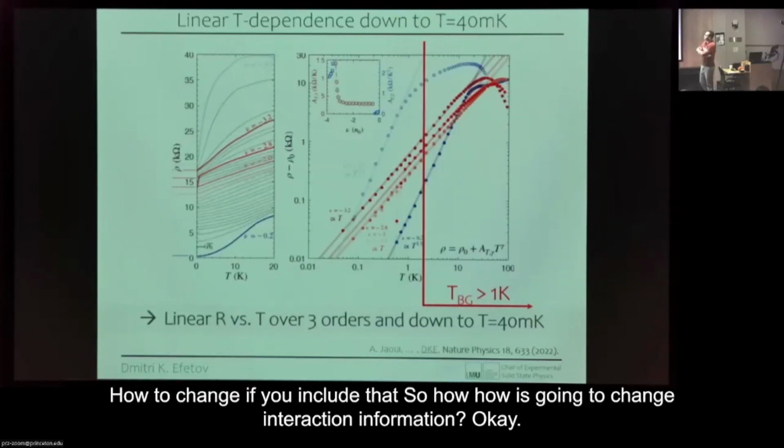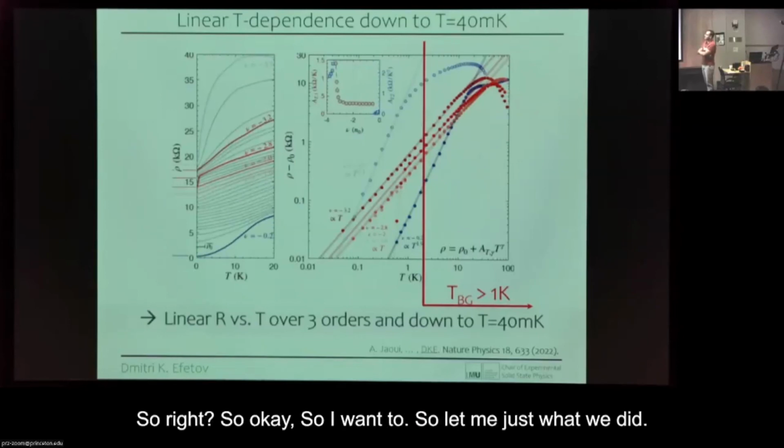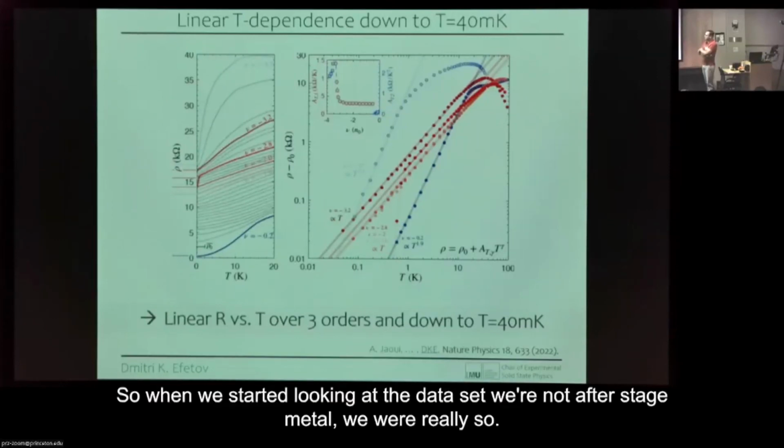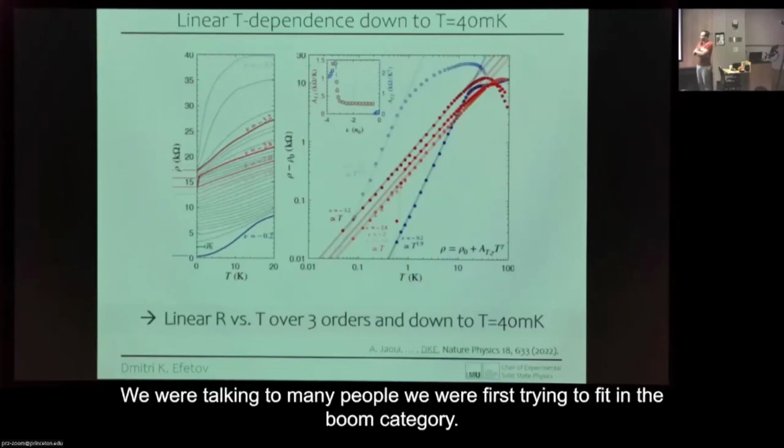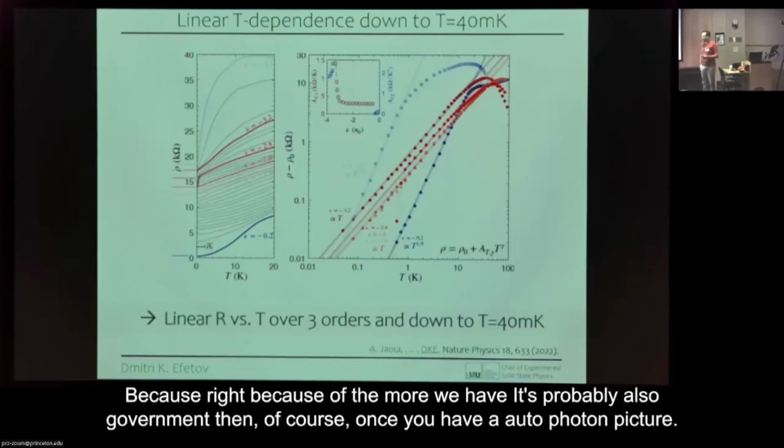Okay, let me just say what we did. When we started looking at the data set, we were not after strange metal. We were talking to many people. We were first trying to fit it with Umklapp scattering, because in the moiré, electron-phonon scattering is probably also governed by Umklapp scattering phenomena.